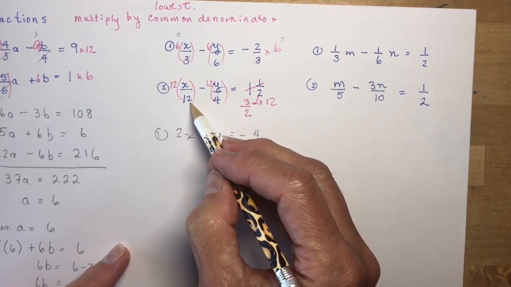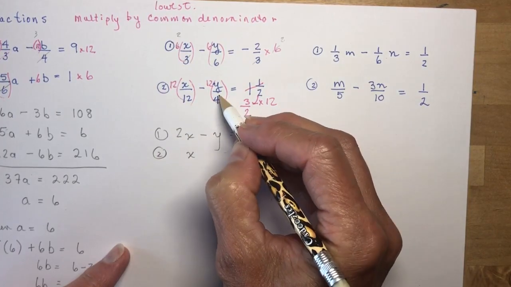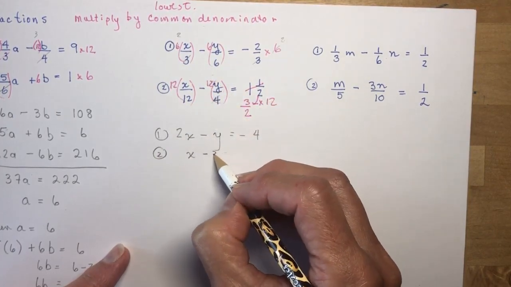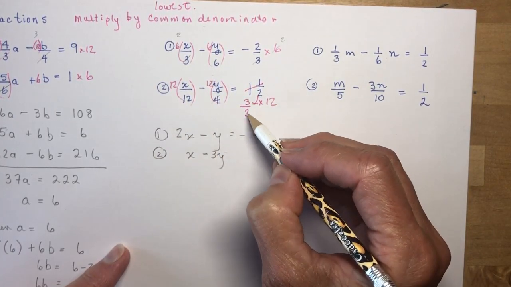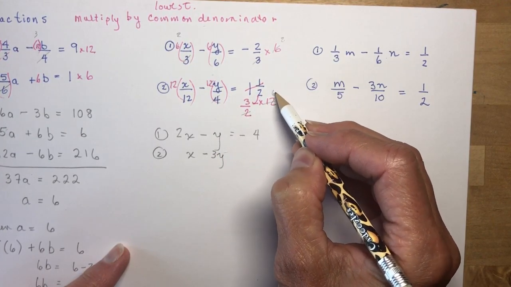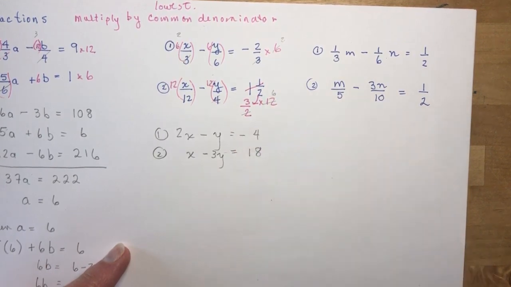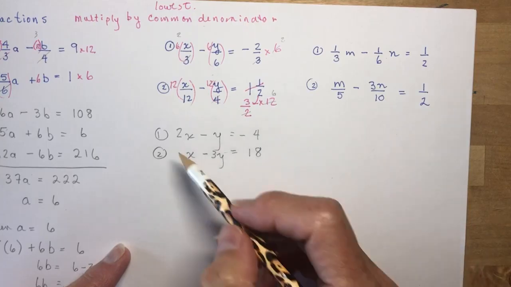And then this one, 12 goes into 12, so equation 2 has x and 3y, minus 3y. And 3 halves times 12, 2 goes into 12 6 times, and 6 times 3 is 18. Okay, so now that I've done that, I have to look at how I'm going to eliminate here.